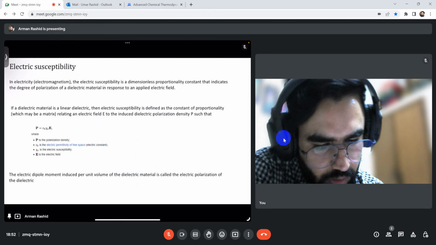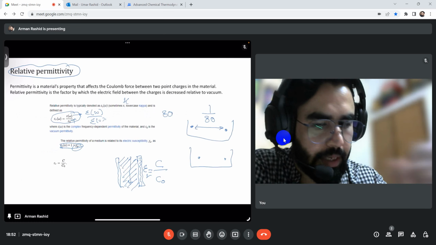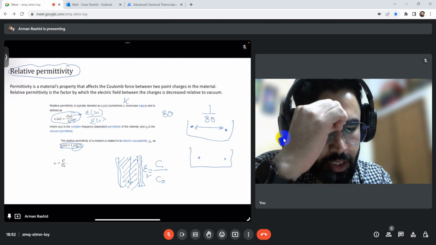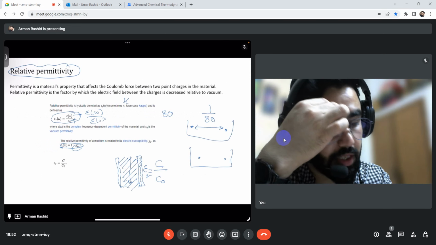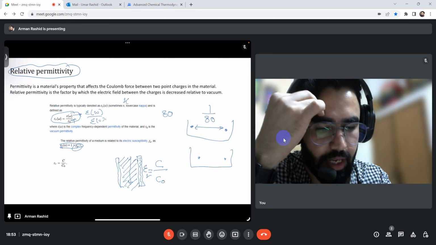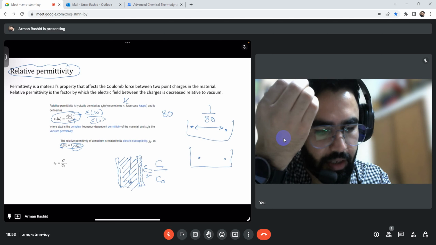Now we have seen electrical susceptibility here, so we'll explain it a little bit. Electrical susceptibility is a dimensionless constant. It tells us the degree of polarization of any material with respect to an applied electrical field.